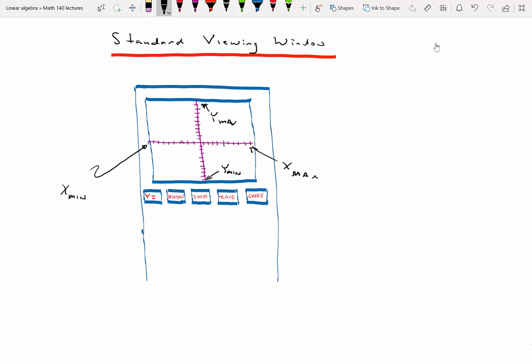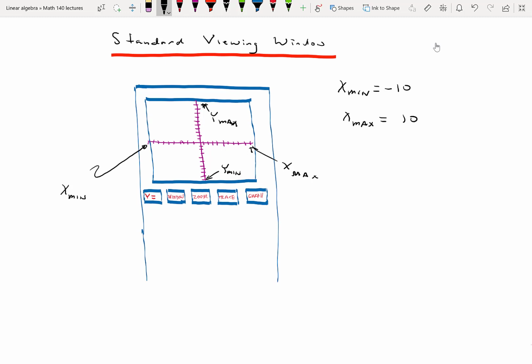if your calculator is in the standard viewing window, the window button is the second button in from the left. I've got it drawn in for us here too. You should see the standard viewing window numbers appear. You should see x min equals -10, x max equals +10.